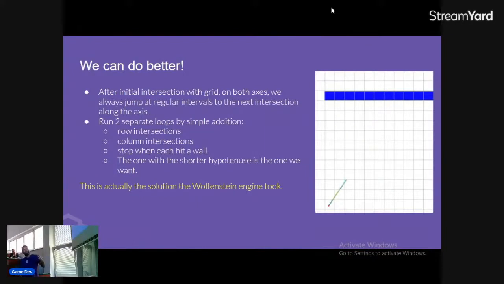However, we can even do better than that. Okay, even that is not optimized enough. You can optimize it even further. And in this animation, you can see that I'm drawing two lines. The first one intersects only with vertical lines, and the second one intersects only with horizontal lines. And the reason this is better is because what you have to realize is that once we've escaped our little box, all of the next deltas are identical to each other.